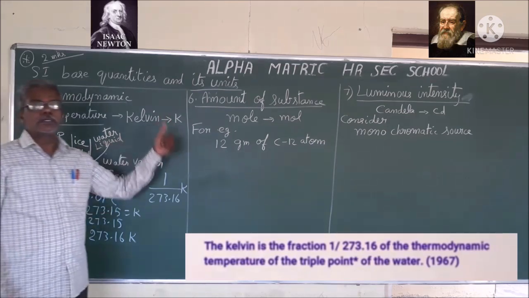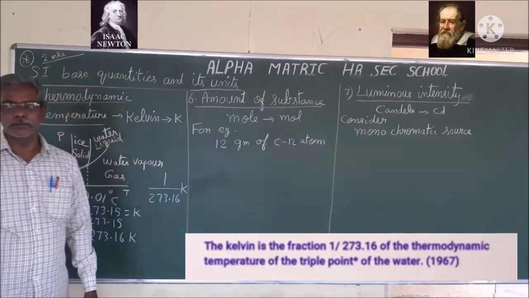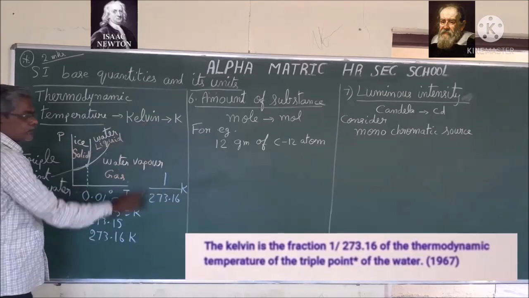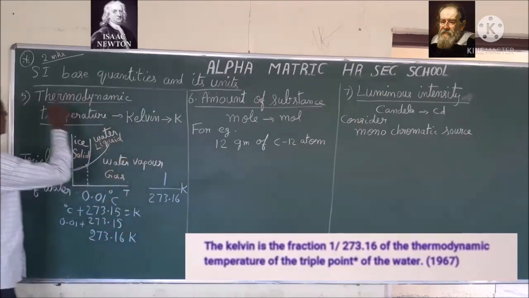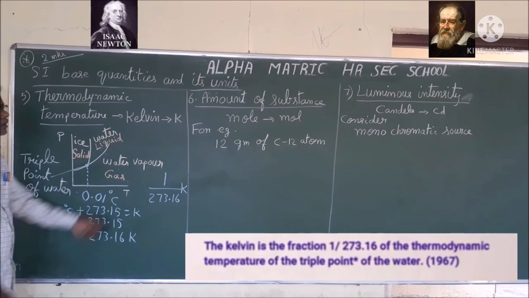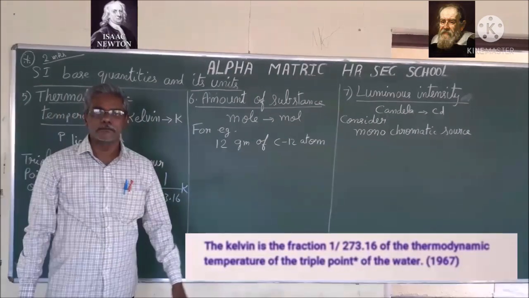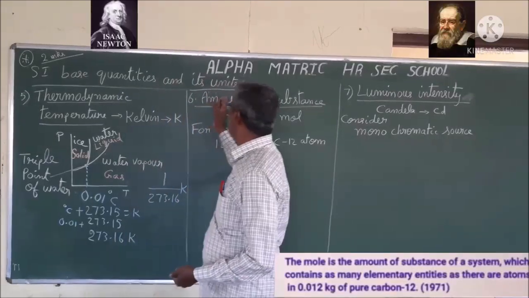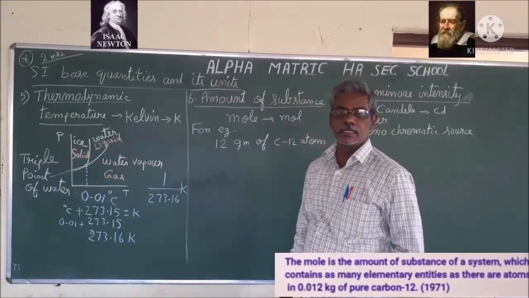This gives the definition of 1 Kelvin. I will repeat. 1 Kelvin is nothing but the fraction of the thermodynamic temperature of the triple point of water. I think you understood.